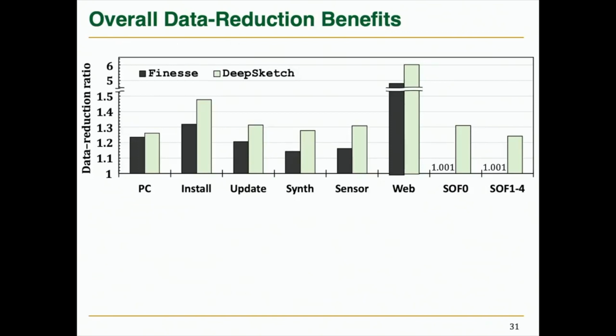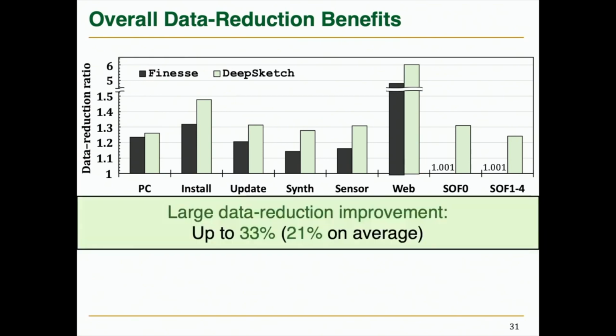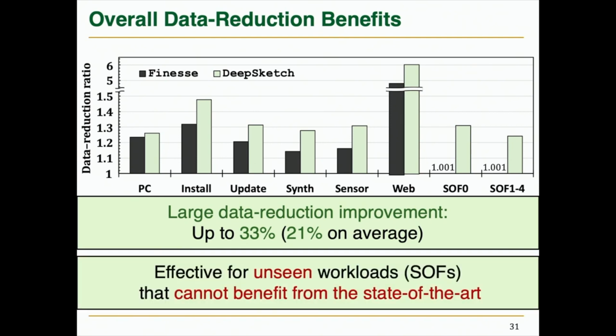So this graph shows the average data reduction ratio of Finesse and DeepSketch normalized to the simple combination of deduplication and lossless compression. We observed that DeepSketch provides a large data reduction improvement over the state-of-the-art technique. We also made 2 other interesting observations regarding the Stack Overflow results.